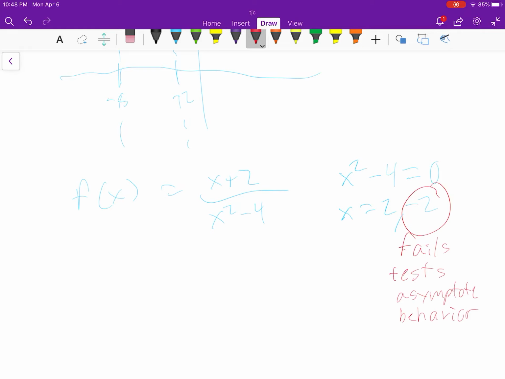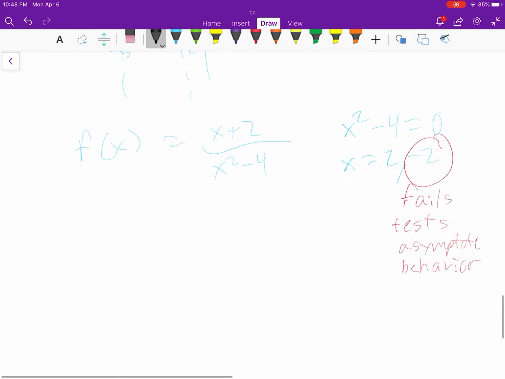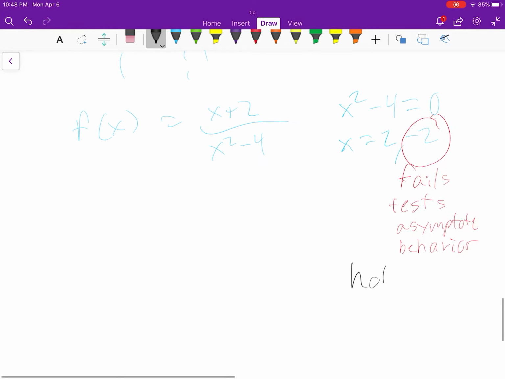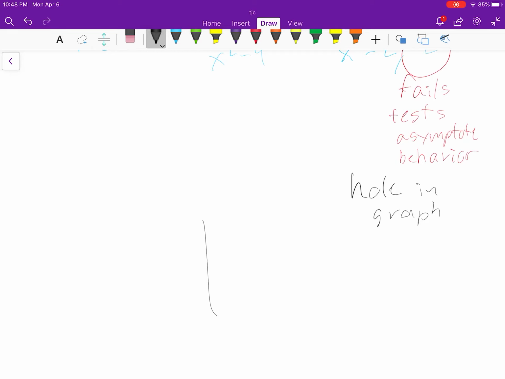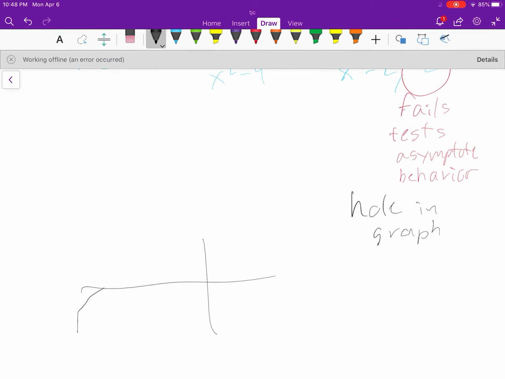It's outside the domain. So basically what happens when you have something that's outside the domain that's not asymptotic behavior is you have what's called a hole in the graph. This guy right here is a hole in the graph. And what it looks like is you might be coming along, traveling like this, and you get to what you'd think is an asymptote, but it fails this test.